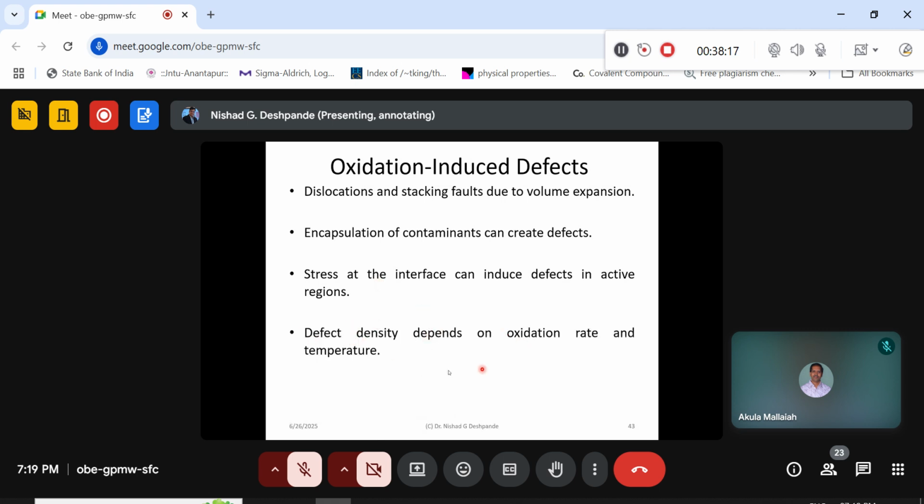These defect densities naturally have to be dependent on your oxidation rate or temperature. So if I can understand properly what the oxidation rate is for a particular thickness that has to be grown on the silicon surface, as well as what temperature is essential whenever the oxidation takes place, there can be a lesser number of defect densities, then I can have a proper optimization of my device.